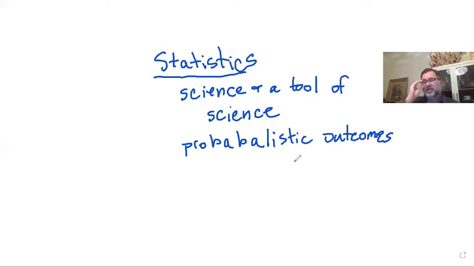And what I mean by that is if there's room for uncertainty, then it falls within the field of statistics. So a lot of times you don't need statistics. For example, you want to know if a gene has a certain effect. It either does or it doesn't.